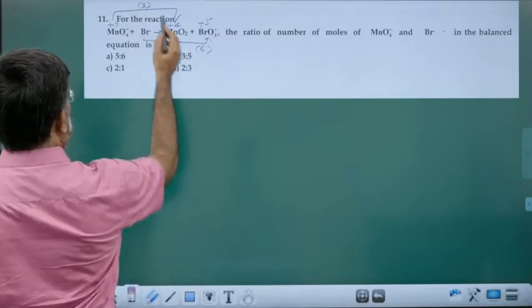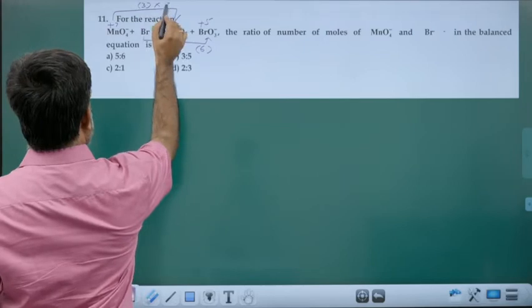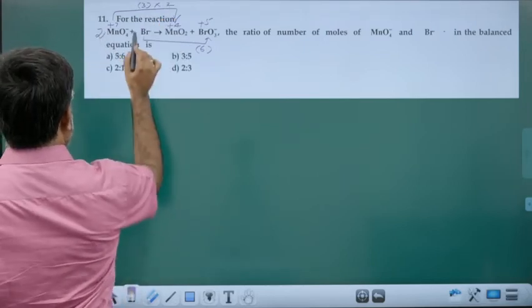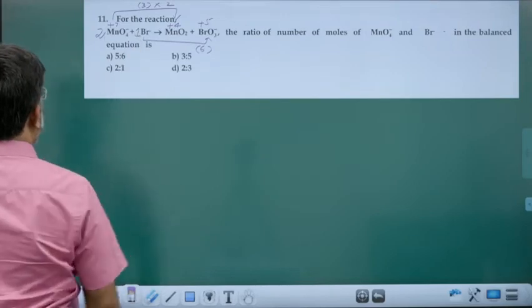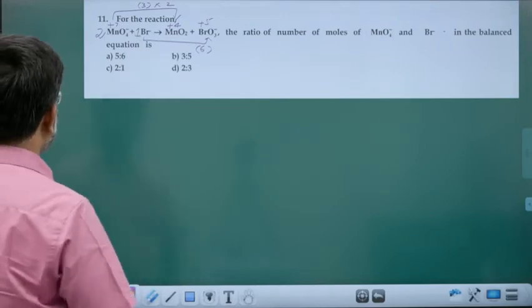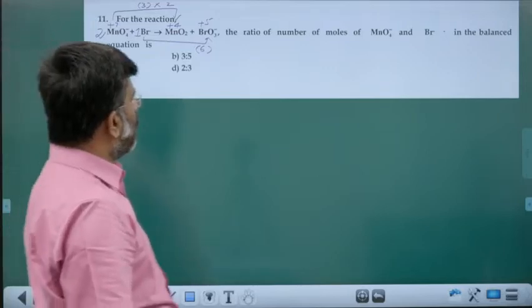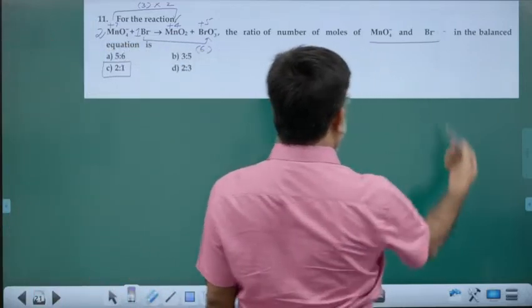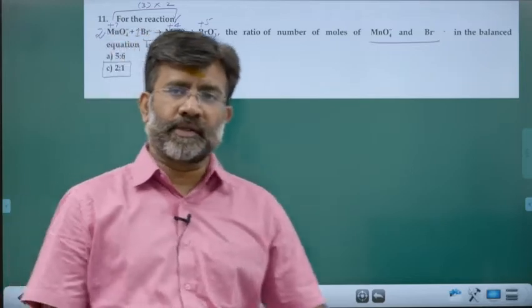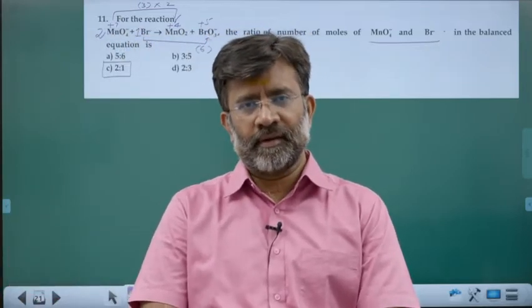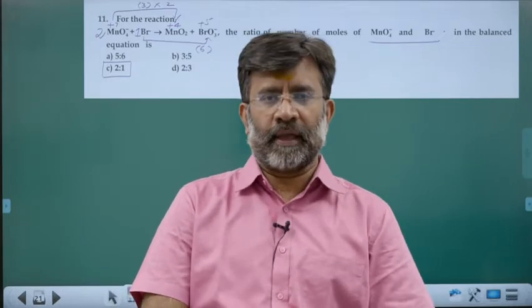So here 3, here 6. So this you can multiply with 2. Here it is going to be 2, and here it is going to be 1. So it is 2:1, option C. The ratio of number of moles of permanganate and Br- is asked. Permanganate +7 changes to +4, n factor 3.